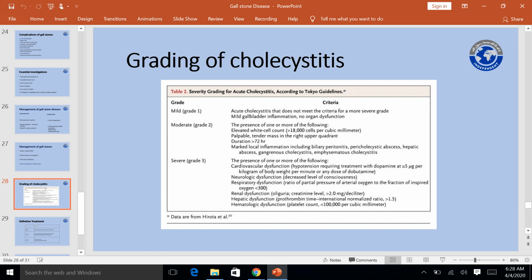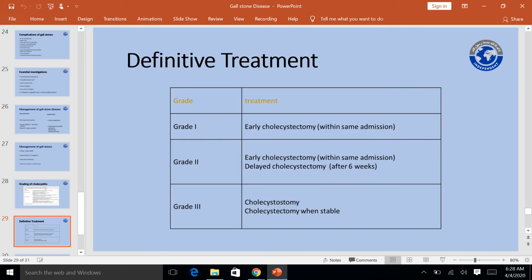Patients with cholecystitis are graded to decide the timing of surgery. In grade 1 cholecystitis, early cholecystectomy is done, that is within the same admission. In grade 2, early cholecystectomy can be done, or the patient can be discharged and a delayed cholecystectomy can be done after 6 weeks.